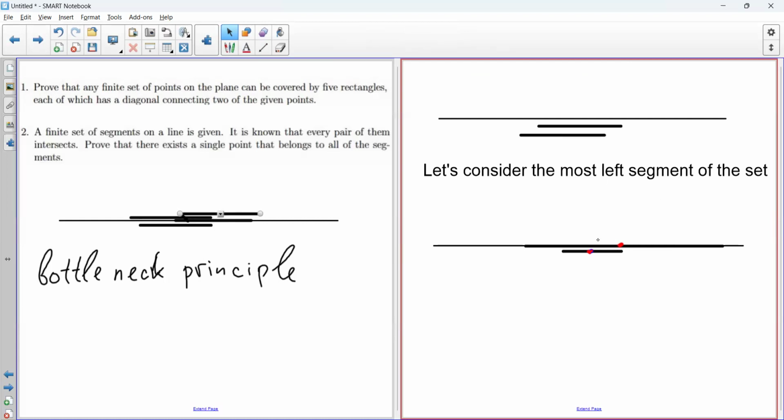So we may have a situation when we have a longer segment, which contains entirely this most left segment. And then we have a situation like this, that actually not the most left segment contains the most left point of the set, right?